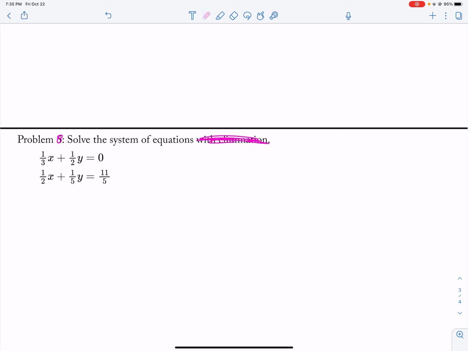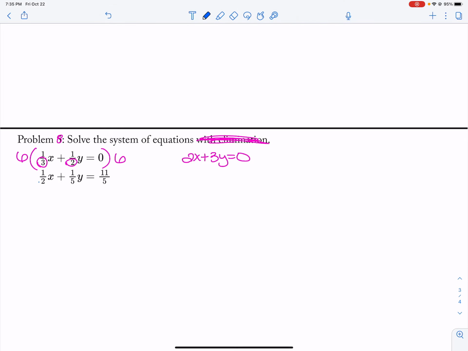What is my common denominator, or my least common multiple, of 3 and 2? My least common multiple of 3 and 2 is 6. So I'm going to multiply both sides of my equation by 6. What I get is 2x plus 3y is equal to 0.